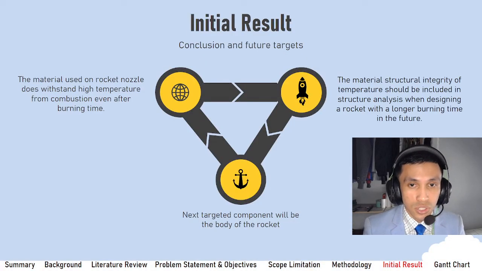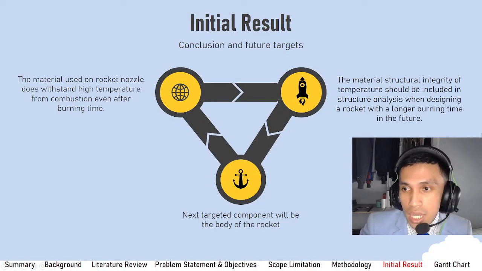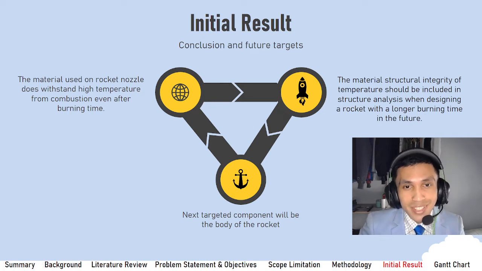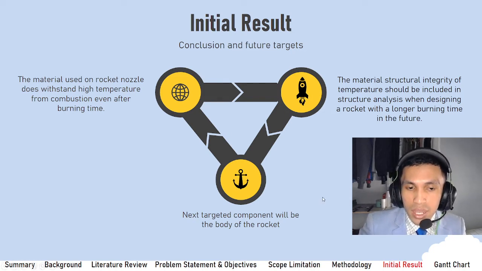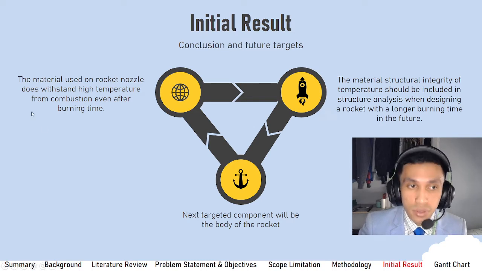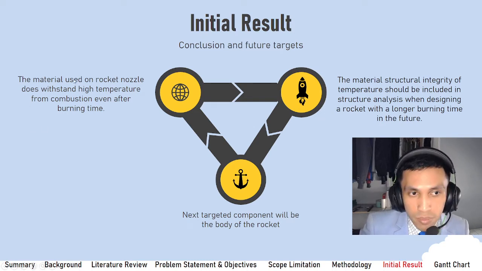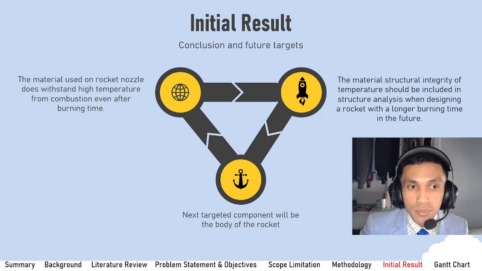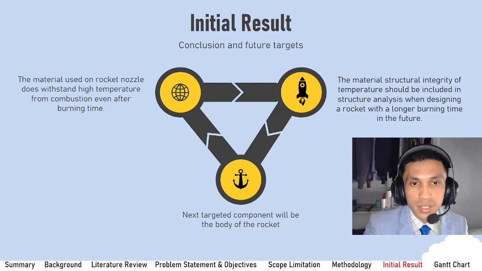Nevertheless, the material's structural integrity at temperature should be included in structural analysis when designing a rocket with a longer burning time in the future. And for the next research, the targeted component will be the body of the rocket. The material used on the rocket nozzle can thus withstand high temperature from combustion even after the burning time.